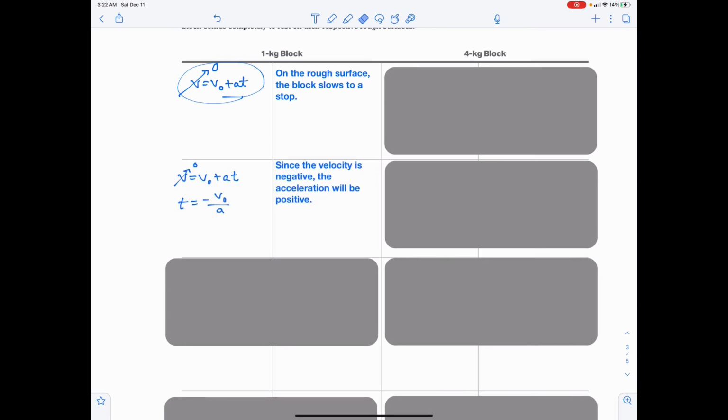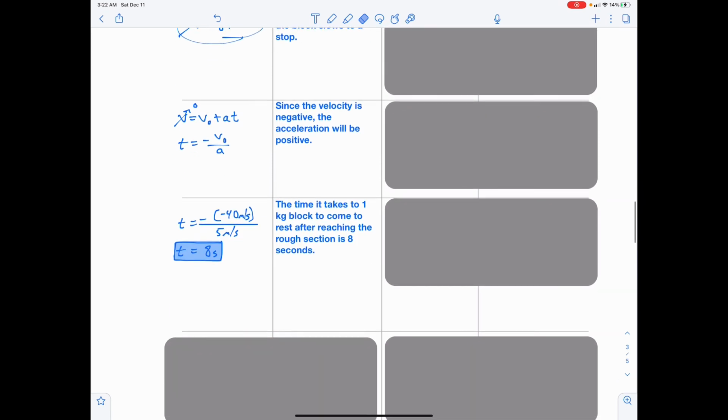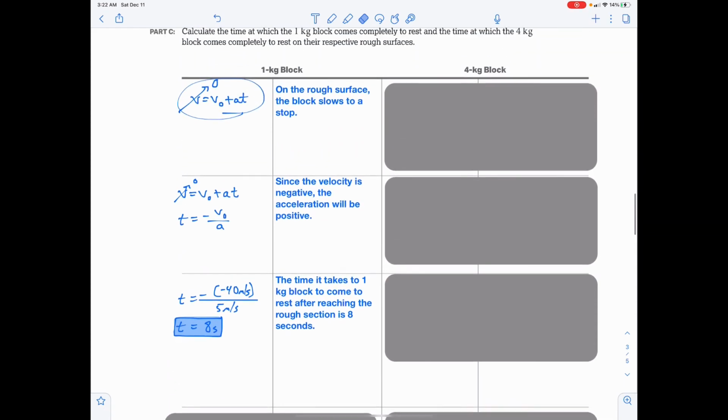If we solve for time, we subtract the v naught to the left and divide by a, and when we plug in, time is 40 divided by 5, or 8 seconds. So it takes 8 seconds for block 1 to come to rest.